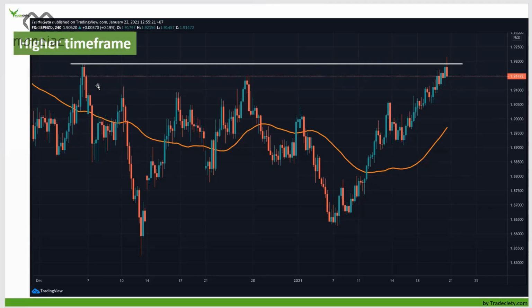Another option would be that your higher time frame is the 4-hour, but you execute your trades on the lower time frames, all the way down to the 30-minute or even the 15-minute. You can choose the approach that makes sense to you, based on how many trades you want, how good you are with patience, and what fits your current situation.